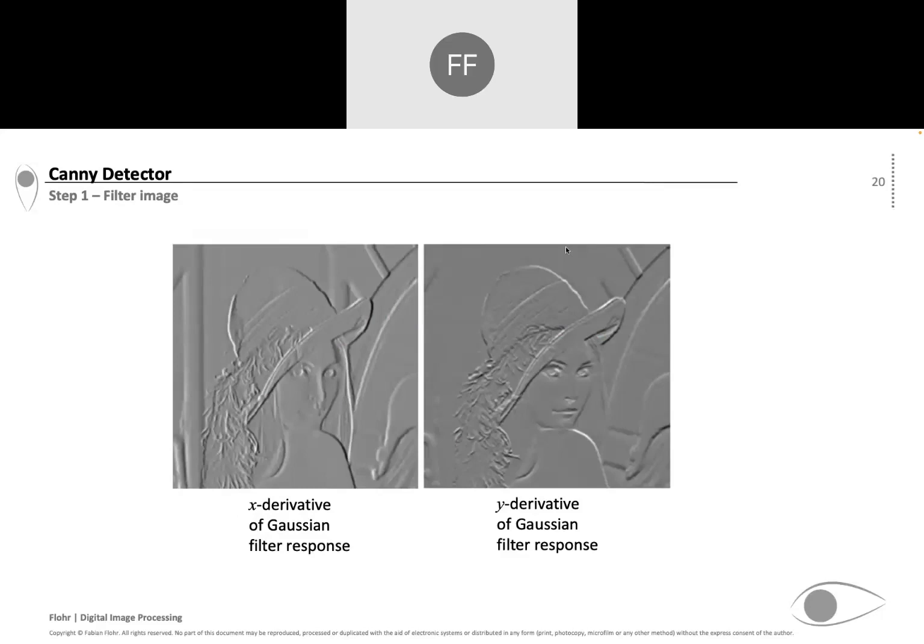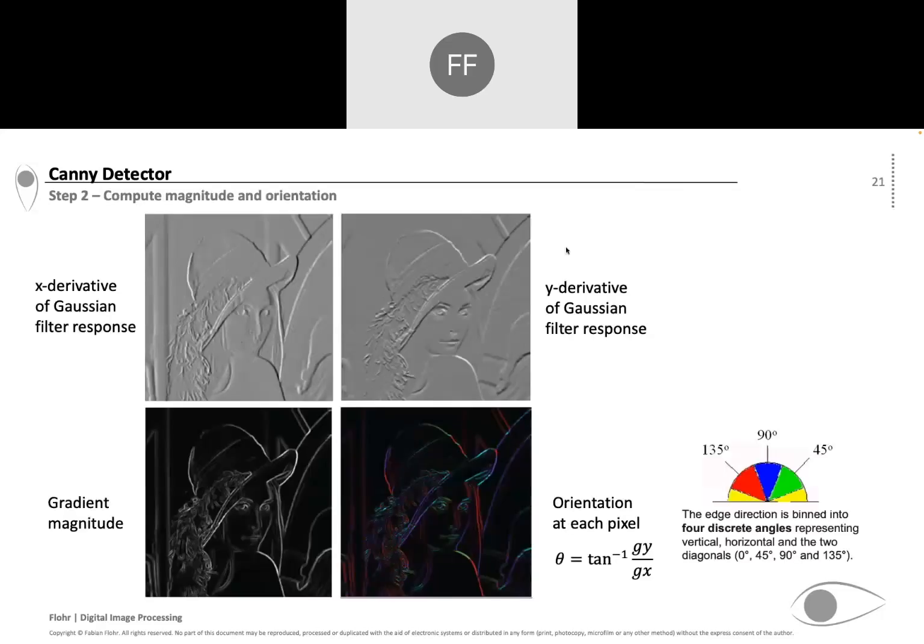In this part we have the vertical edges filtered out, in this part more the horizontal edges, and then based on the arctangent function, we can also compute the orientation at each place using those two components.